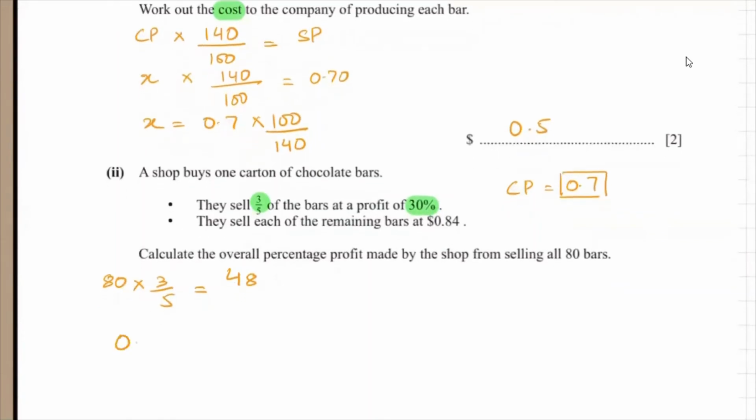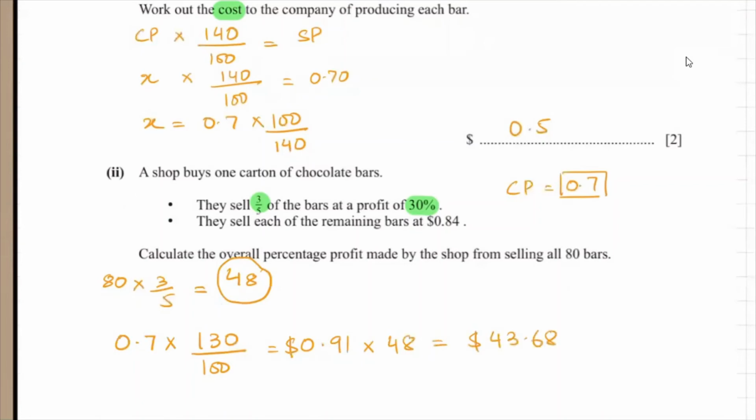So 0.7 multiplied by 130, since the profit is 30, I'm adding 100 to it in order to make it 130, and then divided by 100. I got my answer $0.91. There are 48 of these. So the total would be $43.68. Keep this aside now.